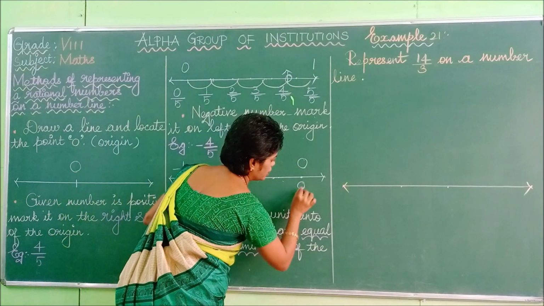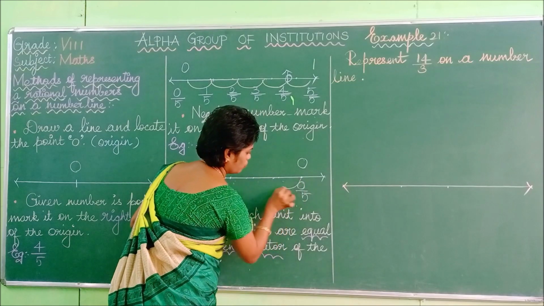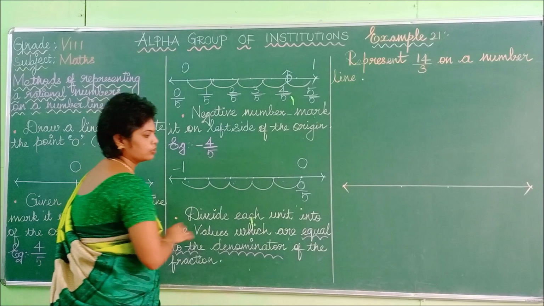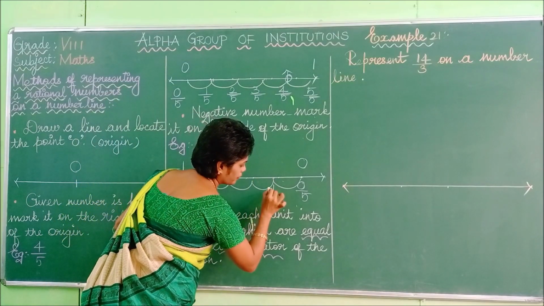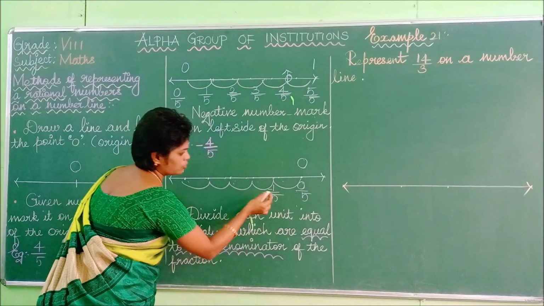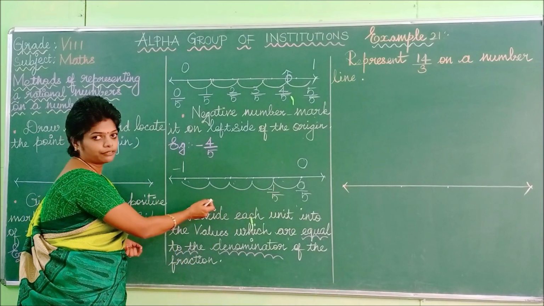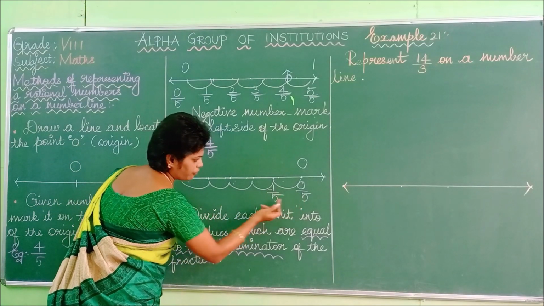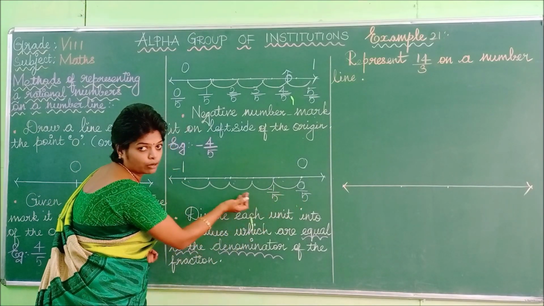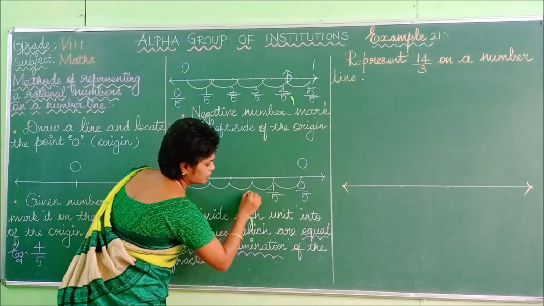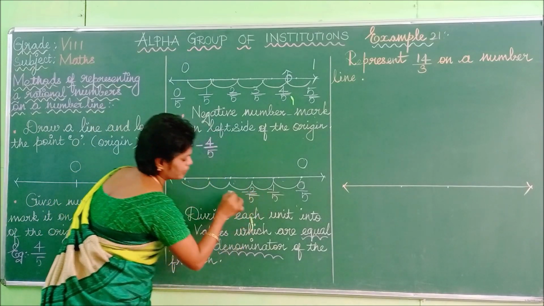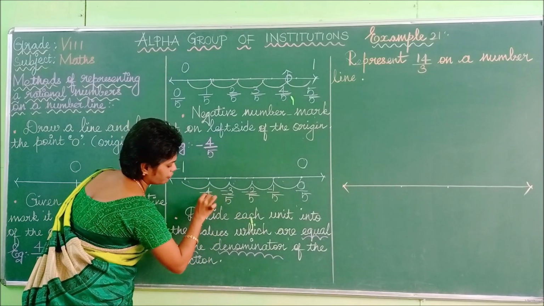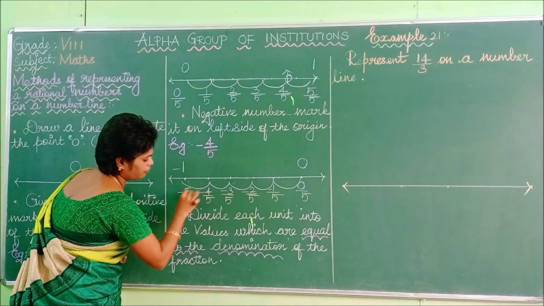This can be represented as 0/5, then 1, 2, 3, 4, again 5 parts. The second value is -1/5, because this is the left-hand side of the origin, so every value will be negative. So 0/5, next -1/5, then -2/5, -3/5, -4/5, and at last -5/5.